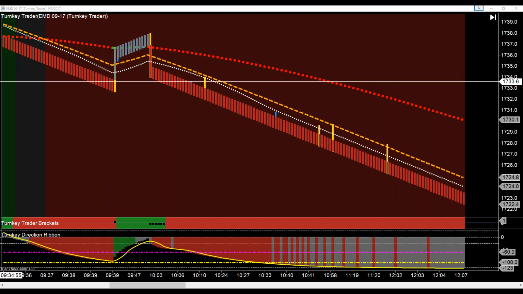I know it's been kind of slow, and we're experiencing the same thing here. What I say to that is just don't get impatient. Don't take trades just to take trades. This is a very slow and steady system, and we want to wait for the very best of the best setups.